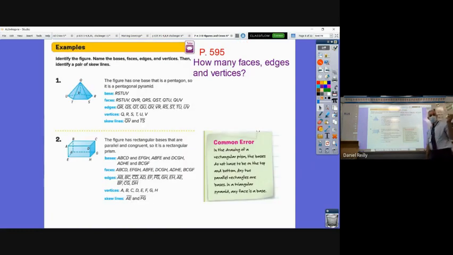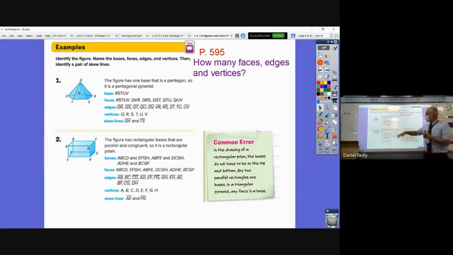What you need to be able to do from this lesson today is identify the shape. What is it called? And what the base shape is, which you kind of need in order to name it. How many faces, edges, and vertices it has, okay? And you might need to identify the relationships between some of the edges. Are they parallel? Are they skew? All right.